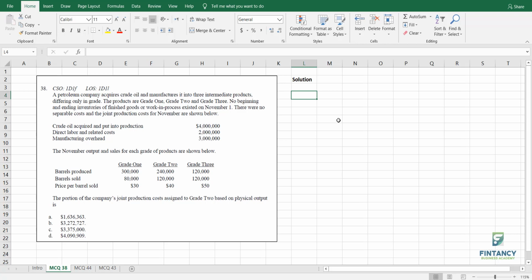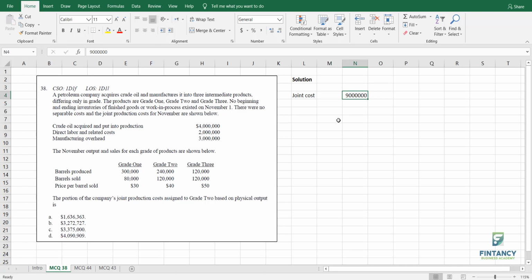Then if I ask how much is my joint cost, you will say 4 plus 2 plus 3. I think it's 9 million, right? So this is the cost which we have to allocate basically.